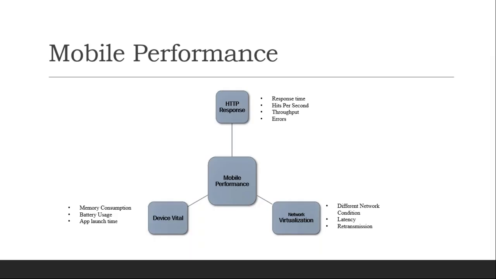There are different client level automation tools. People are using Android Studio for Android and Xcode for iOS to get the device vitals. Basically, these are development tools, and they will help you get the device vitals.